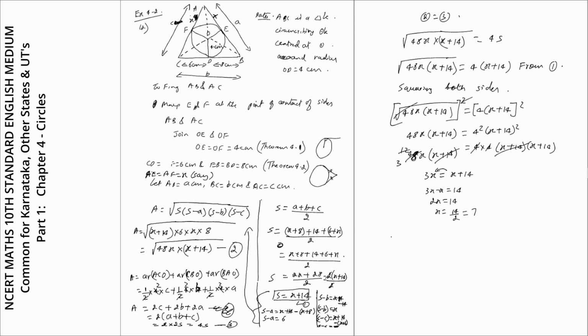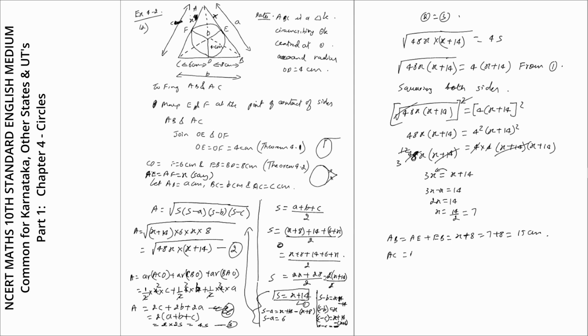Now what is the length of AB? AB is equal to AE plus EB. So AE is x, EB we already know it is 8. So 7 plus 8 is 15 centimeter. Similarly, what is the length of the side AC?